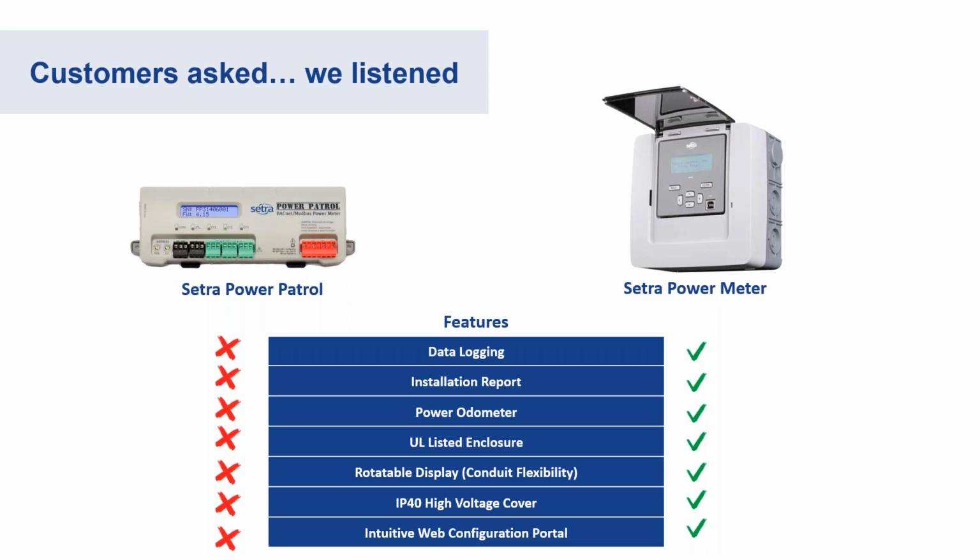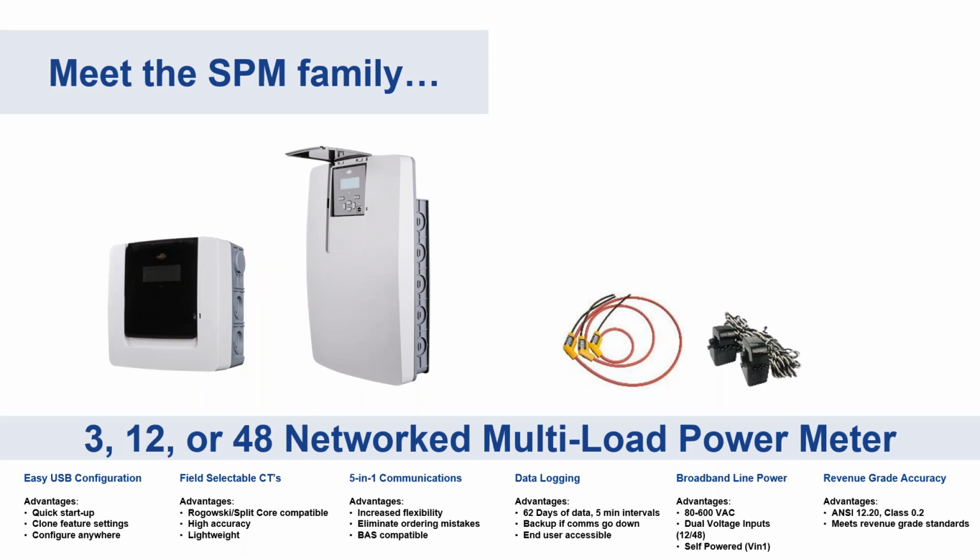So all of those features were a result of having our first generation product on the market, getting all of that voice of the customer, and then building the next generation power meter that we're talking about today. So the result is the Setra power meter, or the SPM family. And this is available in 3 models: a 3-circuit model, a 12-circuit model, and a 48 circuit model.